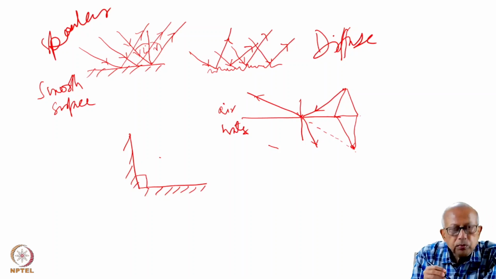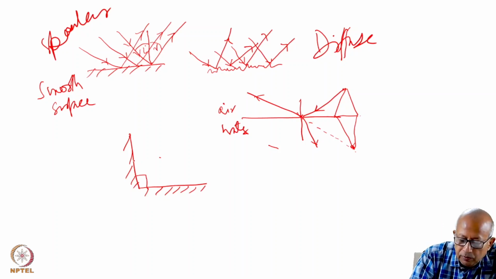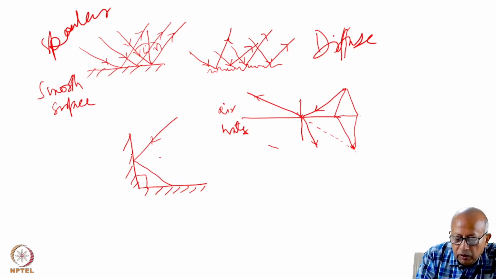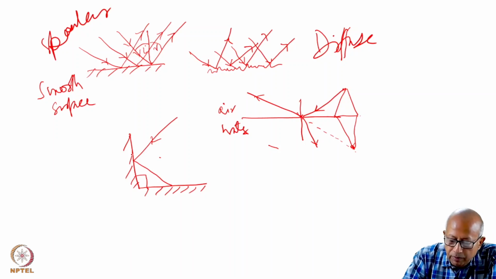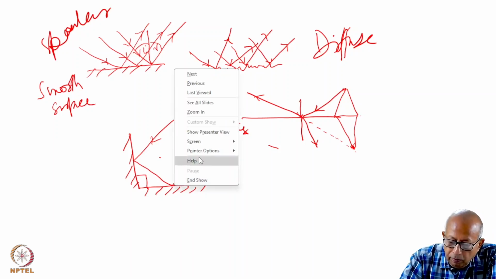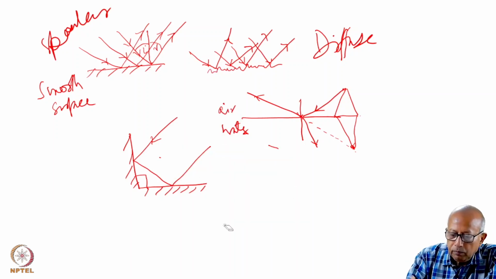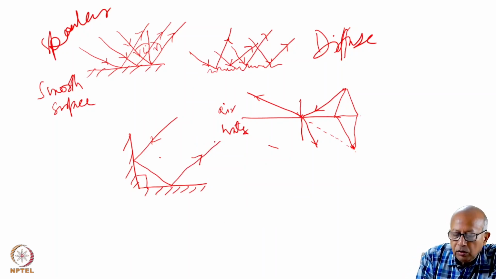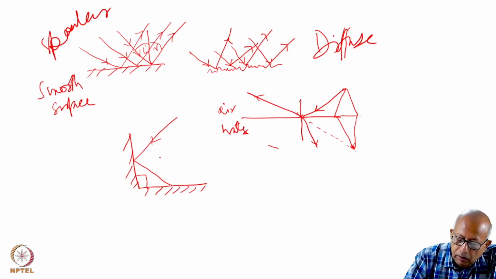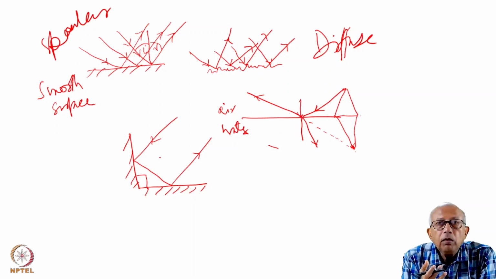It would be easy to show here that an incident ray, after being reflected from the two reflecting surfaces, will travel exactly in a direction opposite to the incident ray. So this is called retroreflection.